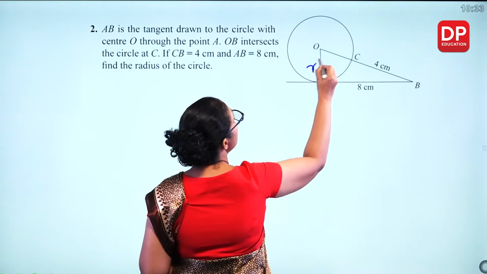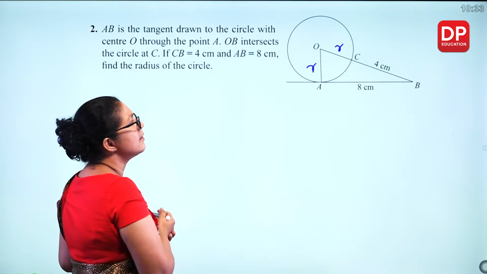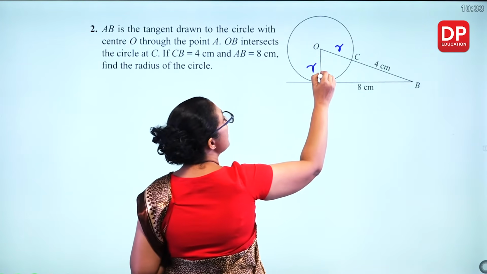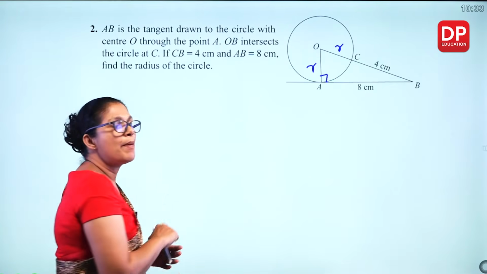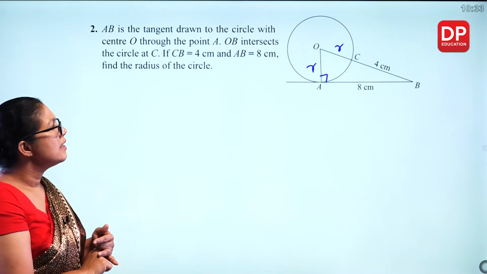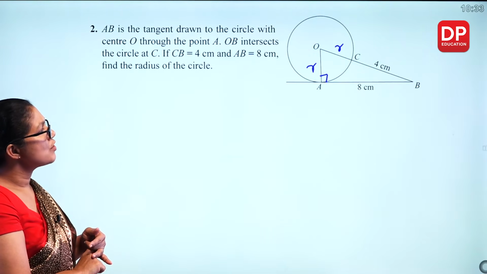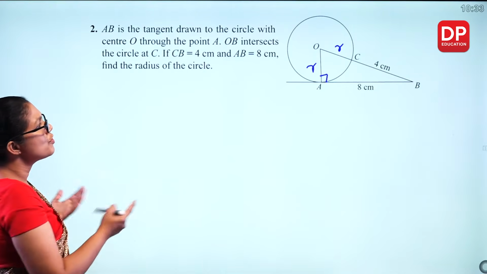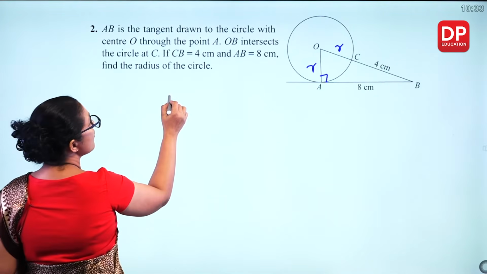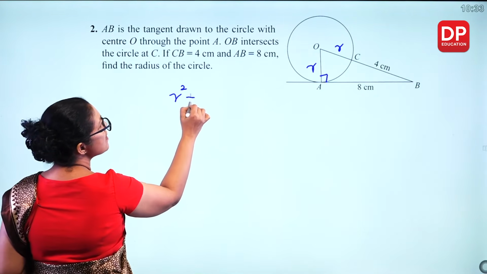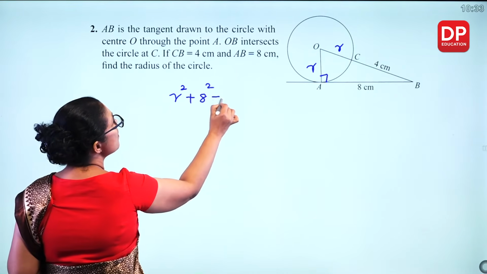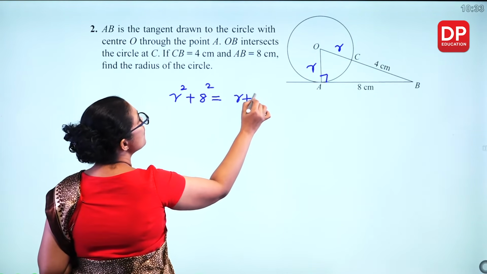So this is R, this is R. And you know OA and AB are perpendicular according to the theorem: radius is perpendicular to the tangent at the point of contact. So use Pythagoras theorem. R squared plus 8 squared is equal to R plus 4 squared.